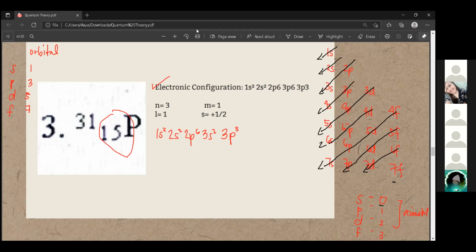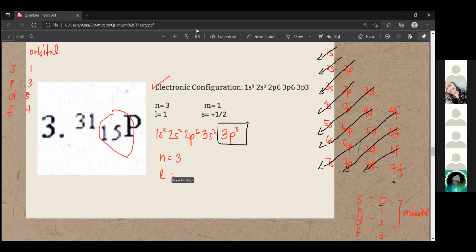Now, for the principal quantum number, pinakamalaking number sa kanila, 3. Hindi mo i-add ha, kahit dalawa yan siya dyan, 3s2, 3p6. But ang pinakamalaki lang talaga, 3. Now, starting with the angular quantum number, you will be looking at the last electron configuration. So this is, what is that?